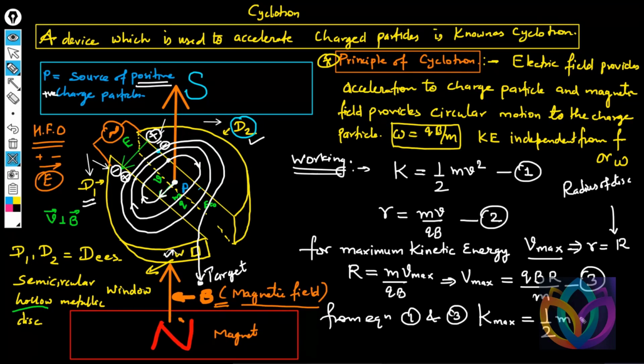V maximum squared will be q squared B squared R squared upon m squared. One m cancels. So the maximum kinetic energy of the charged particle we are getting is q squared B squared R squared upon 2m.